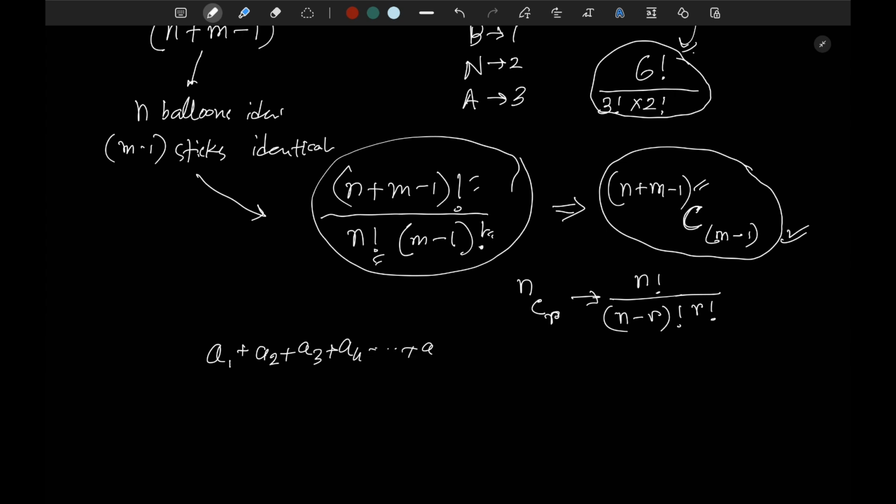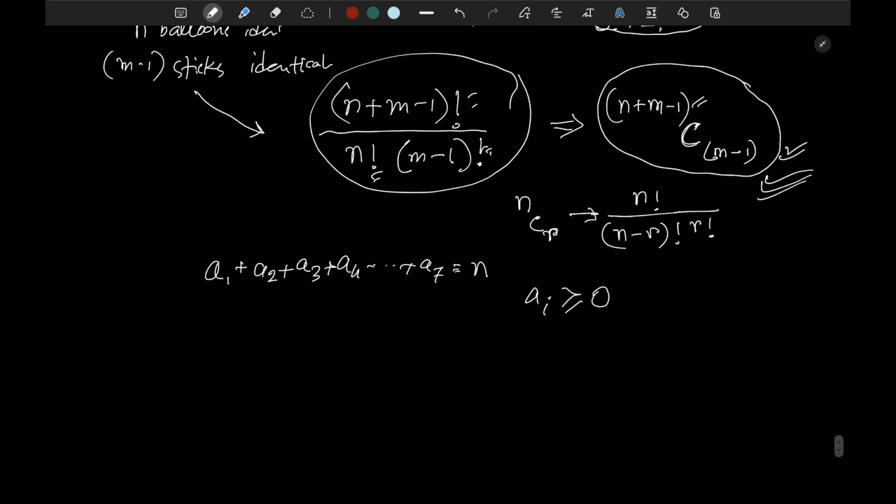So basically in the case of this kind of equation, like a1 plus up to a7 equal to some n, if they ask for non-negative integer solutions, that means your ai's, a1, a2, a3, a4, can be greater than or equal to 0. In case of these non-negative integer solutions, you can use this particular formula, because there is always a possibility that the value of a1 or a2 or a3 might be 0, right?